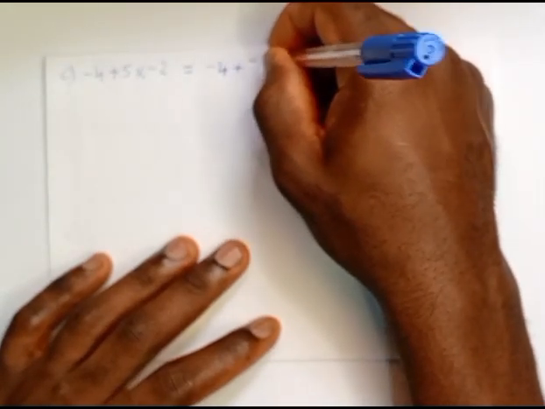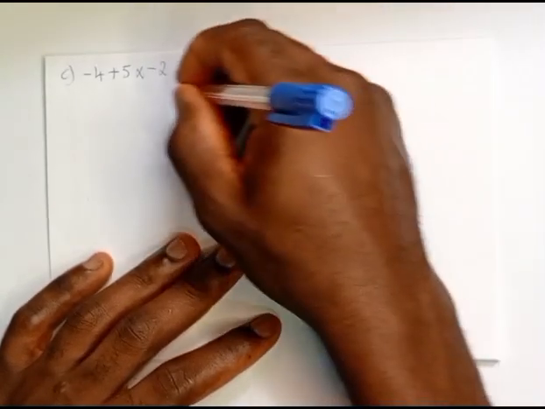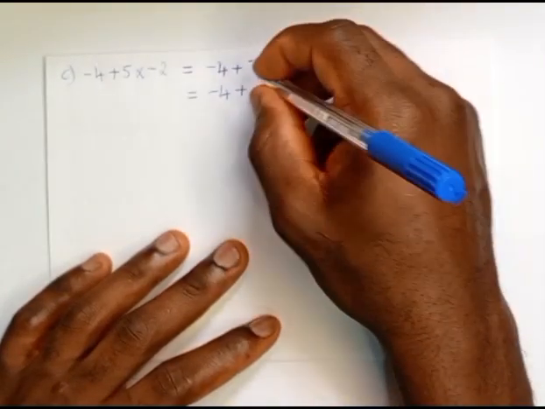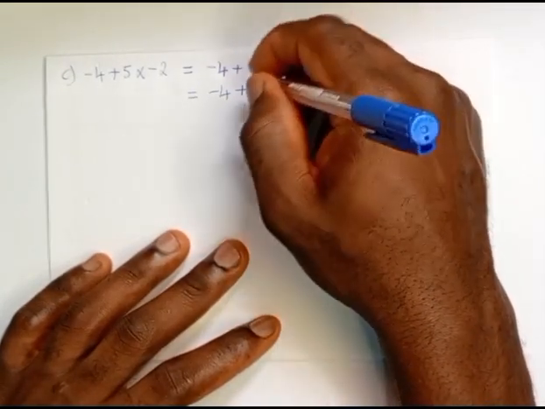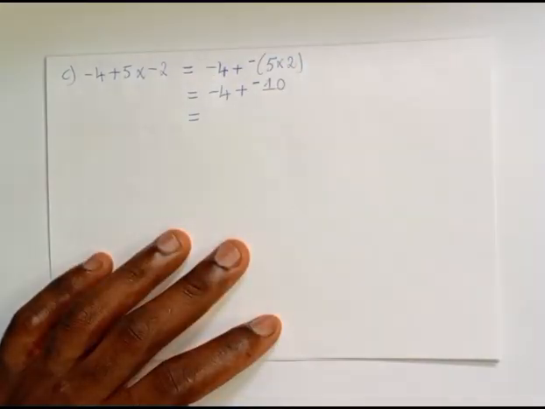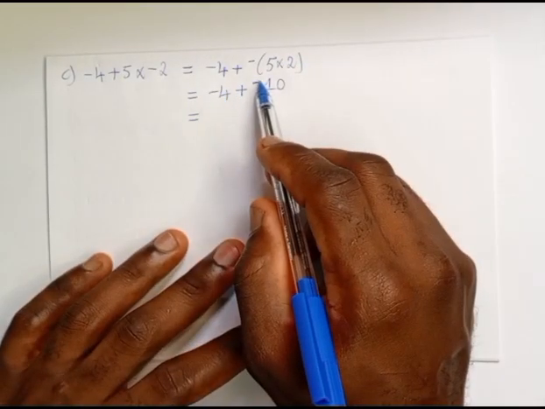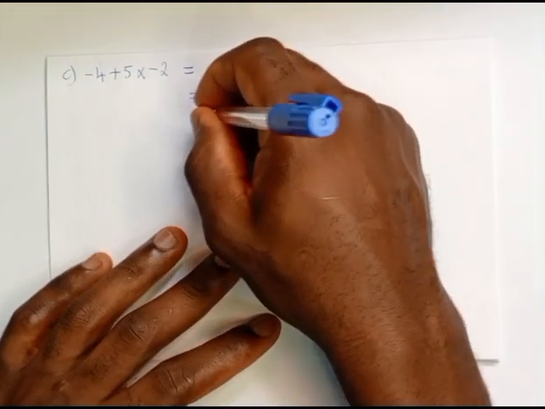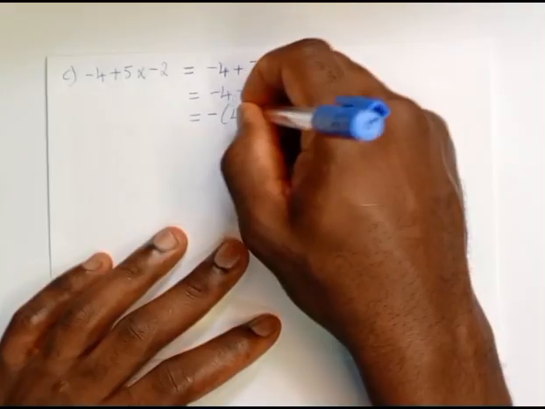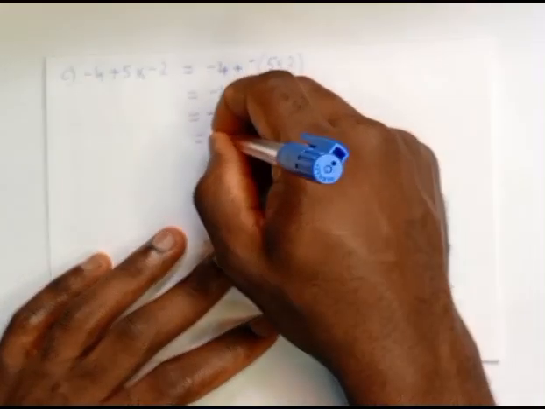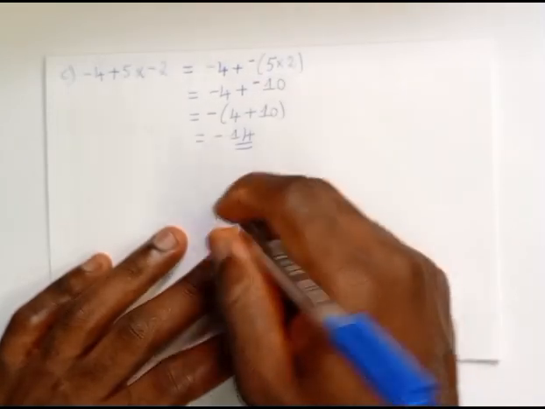We will multiply the absolute values 5 times 2. This will be equal to negative 4 plus negative 5 times 2 gives 10. This will simply be equal to, we have to add two numbers with the same sign. We are going to write out the common sign, then we add the absolute values 4 plus 10, and this will be equal to negative 14.